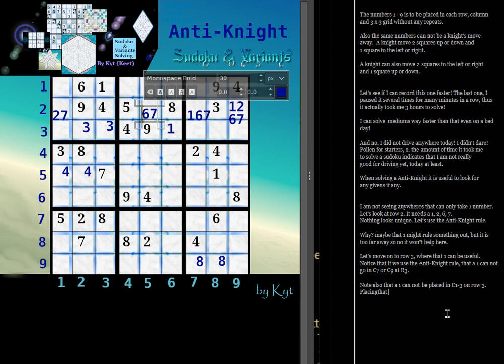Okay, placing that 1 tells us where another 1 goes. Again, we are using that anti-knight rule.